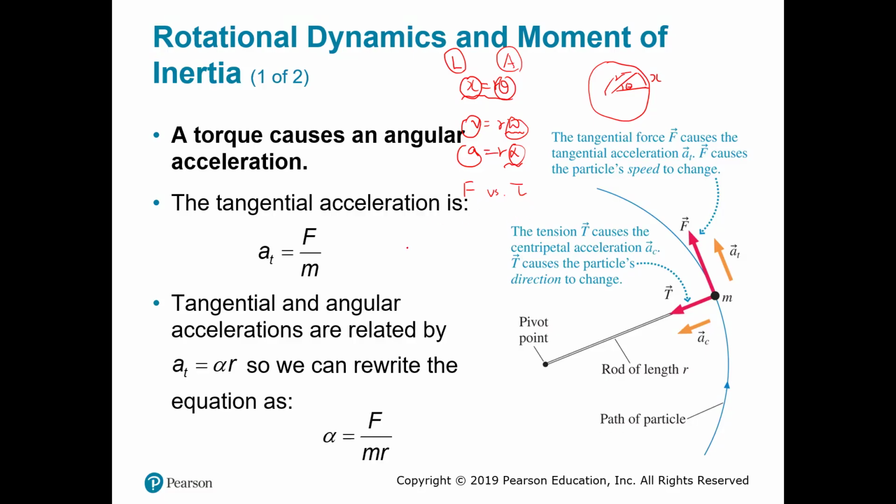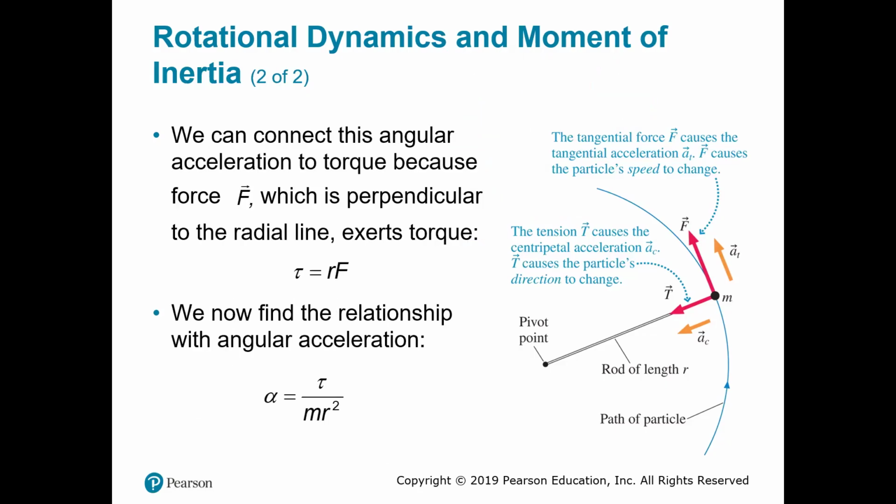And in linear motion, Newton's second law is F equals ma, right? Newton's second law for angular, rotational motion: torque has to be something times alpha. And this something, corresponding to the mass in linear motion, is called the moment of inertia. So this is kind of a rotational mass. Okay.